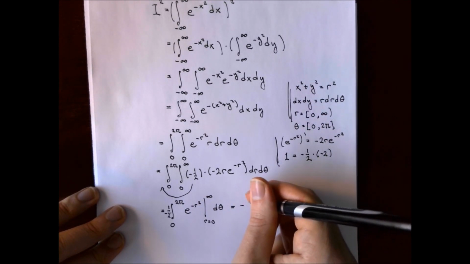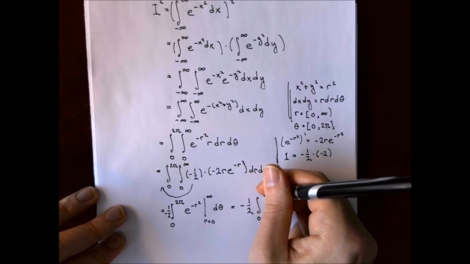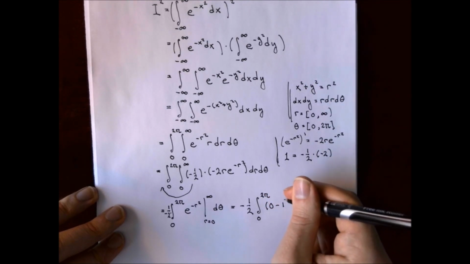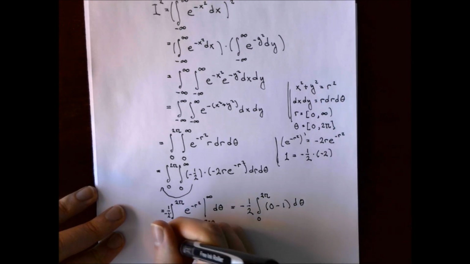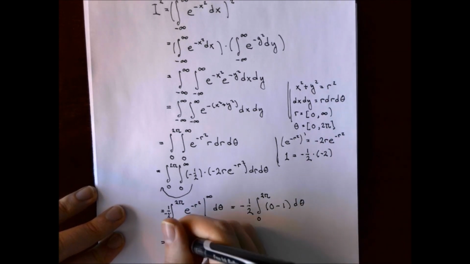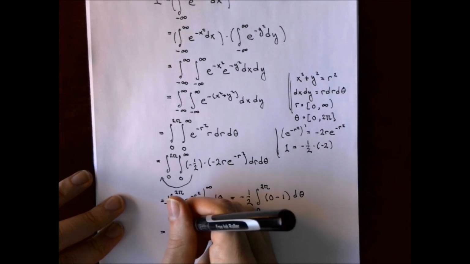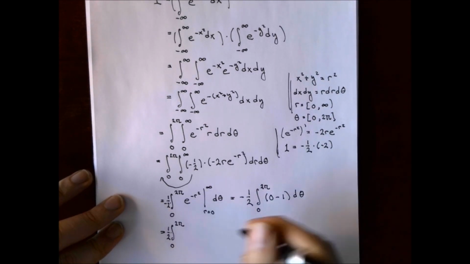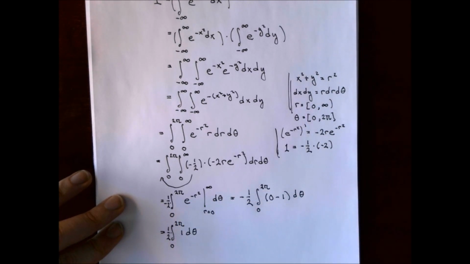So we can write this as minus half times the integral from 0 to 2 pi of 0 minus 1 d theta, or the integral from 0 to 2 pi times half of 1 d theta.